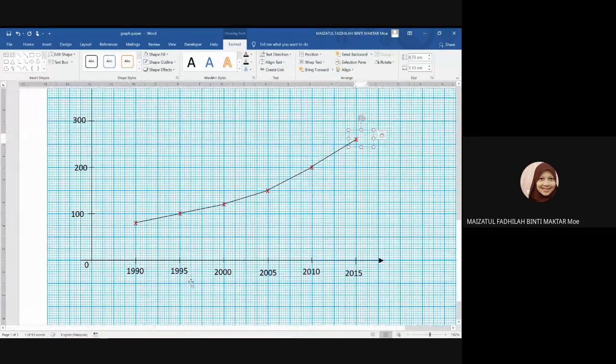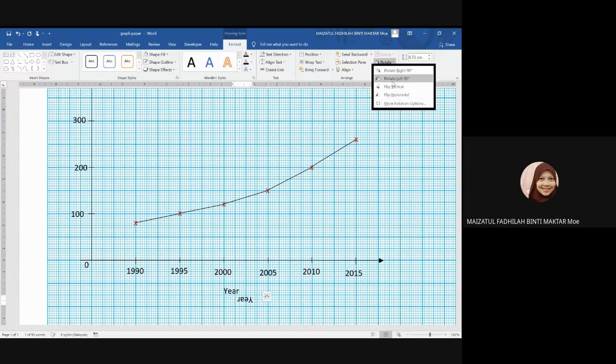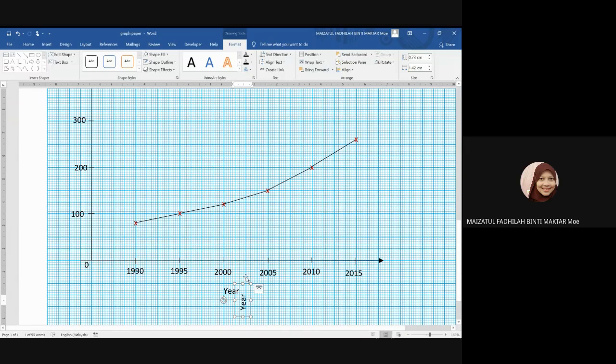After you are done with this one, what you need to do is, don't forget to label the name of this axis. If you see this one, the year, so just write year. And the label for the vertical axis is price, in 1000.